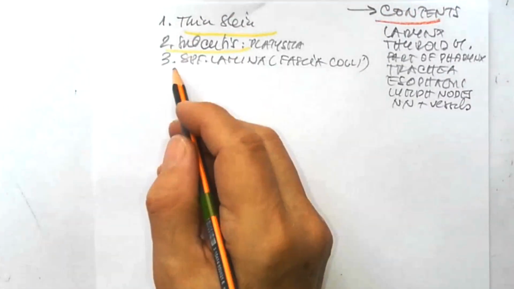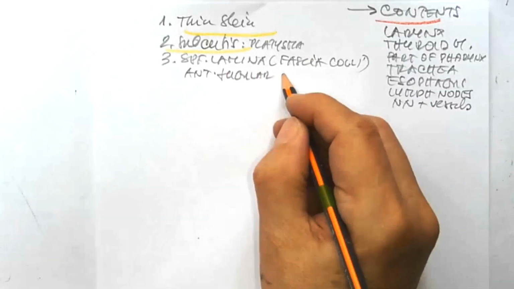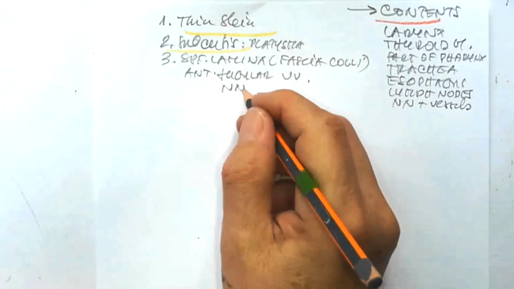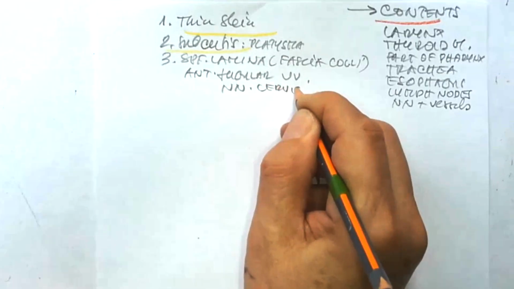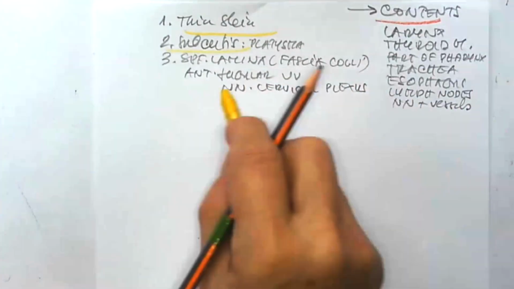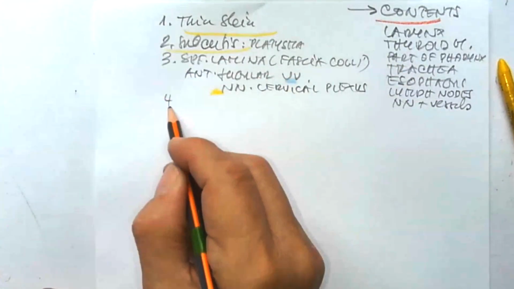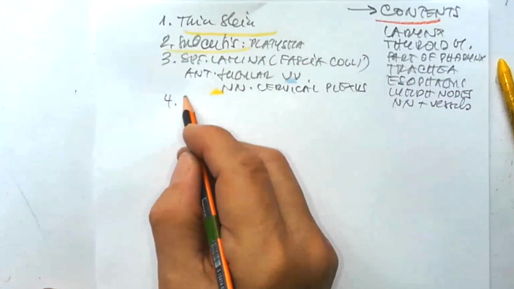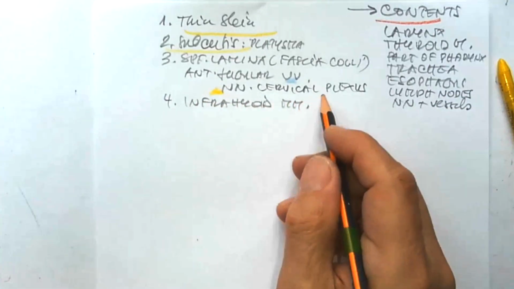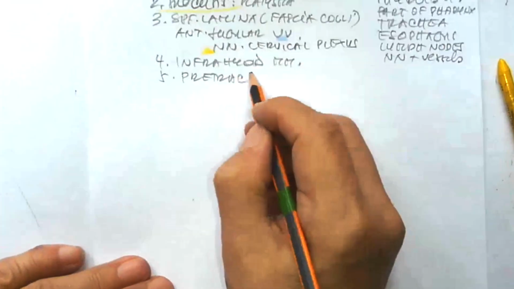At the same level, we see the anterior jugular veins and nerves, I would say the cervical plexus, nerves of the cervical plexus, so nerves, veins, yes, then follow the muscles, we would say infrahyoid muscles.